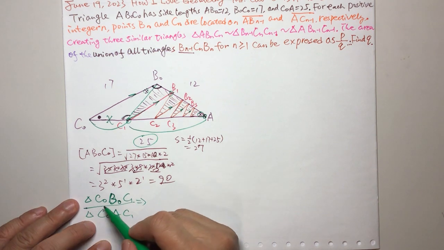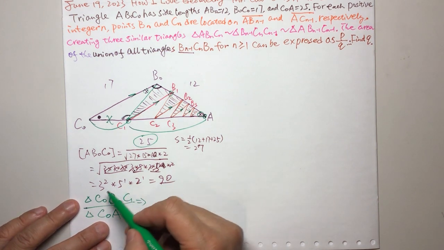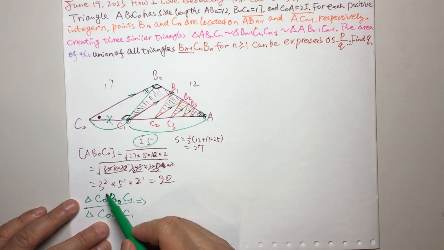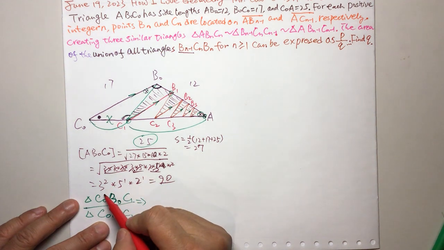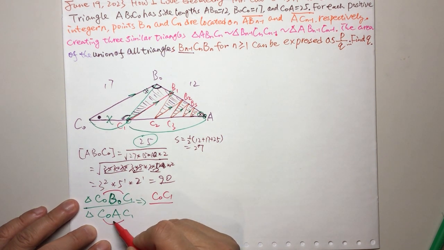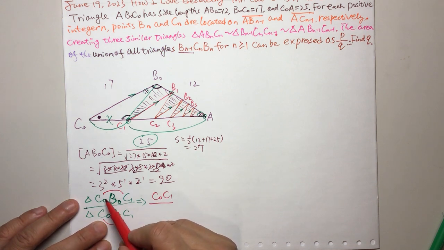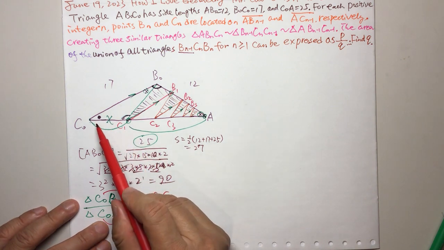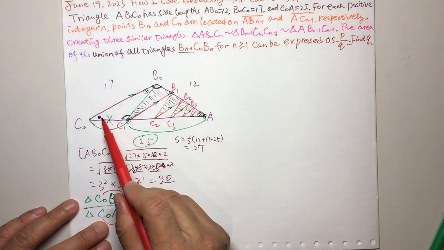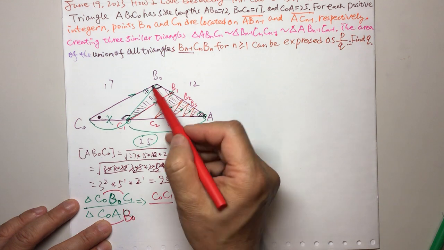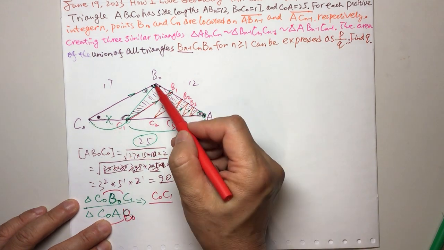Then, because they are similar, we want to find C0, C1 corresponding. This is C0, C1, then what's C0 and A, oh sorry, this is B0, that's the large one, C0, A, and B0.